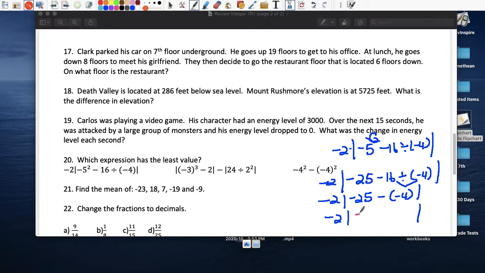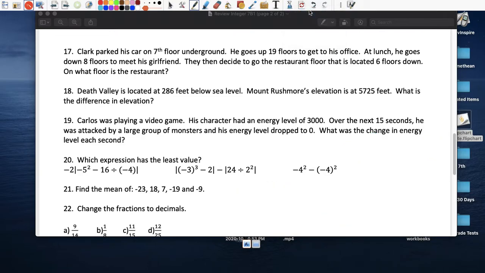I'm going to get negative 25 plus, and the opposite of negative 4 is 4. Continue, it's negative 2, and negative 25 plus 4 is negative 21. We'll continue on this side. So negative 2, and the absolute value of negative 21 is 21. So what comes out of the absolute value is positive 21. Negative times a positive is a negative, and 2 times 21 is 42. Final answer.